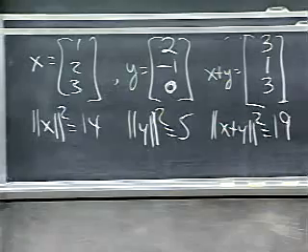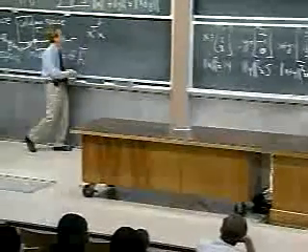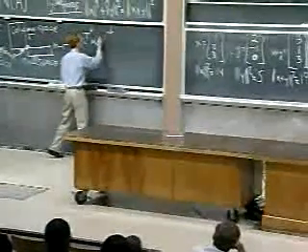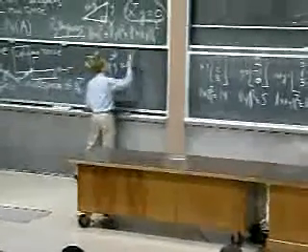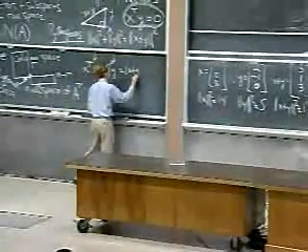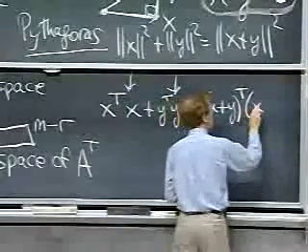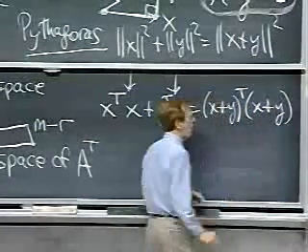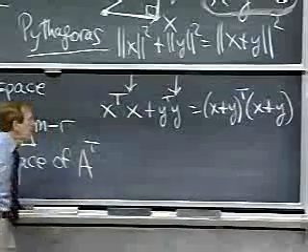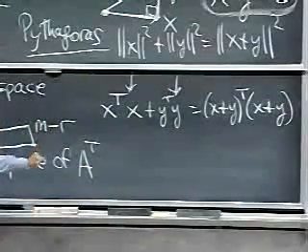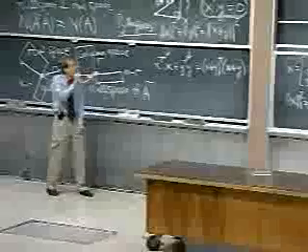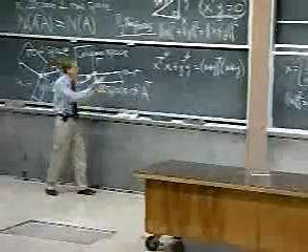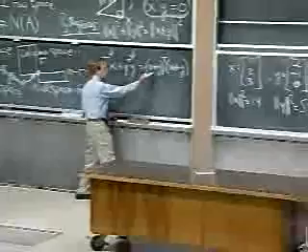Now, let me just do that in letters. So that's y transpose y. And this is x plus y transpose x plus y. Again, this isn't always true. I repeat, this is going to be true when we have a right angle. And of course, I'm just going to simplify this.